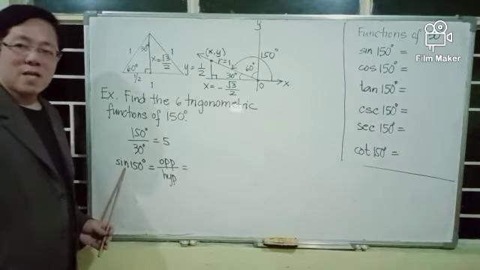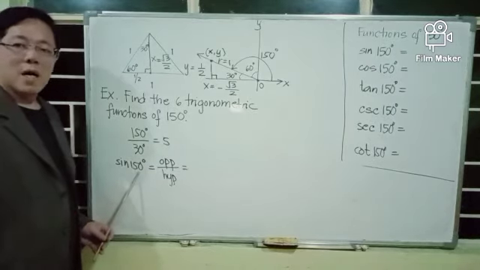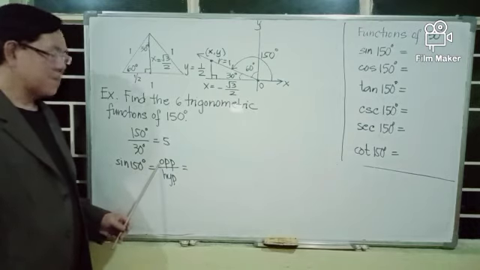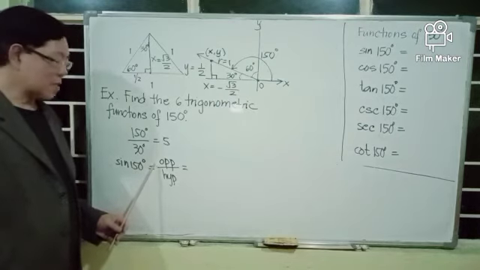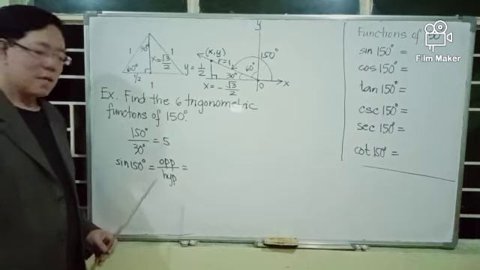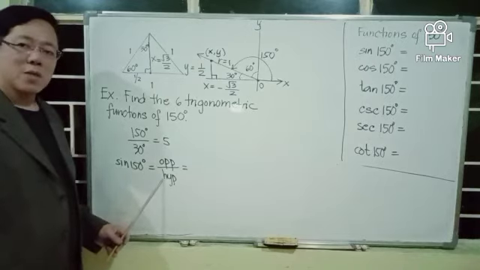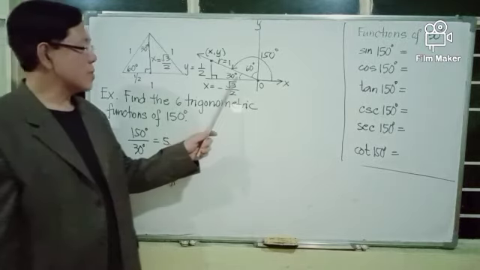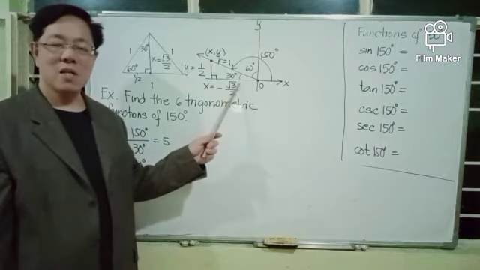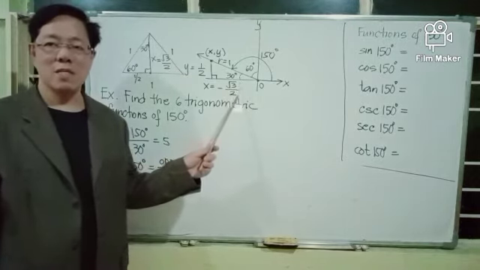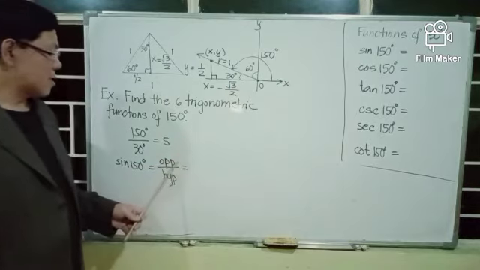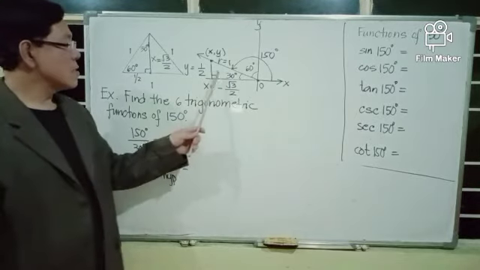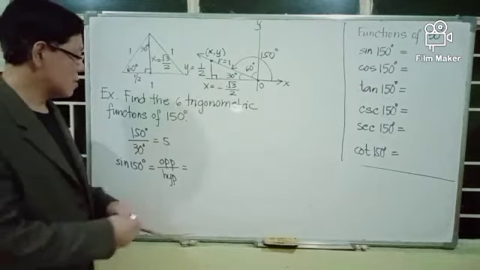From our past lesson, the sine of an angle is equal to the ratio of the side opposite the angle and the hypotenuse. We find the sine of 150 degrees in terms of the special angle 30 degrees. And 30 degrees is an acute angle. And the side opposite 30 degrees is y.